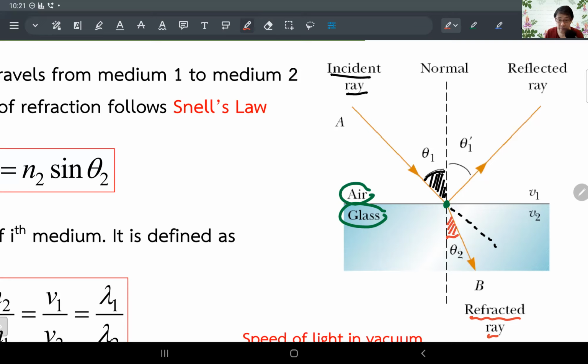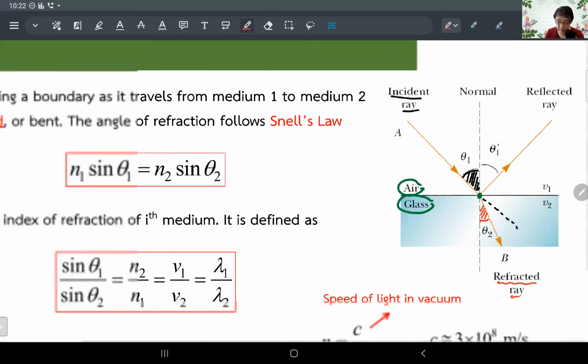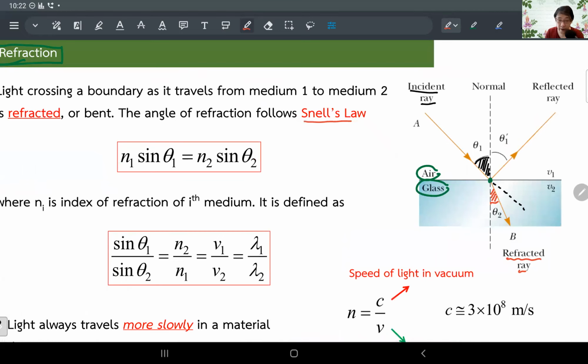Okay, cool. So there is a relationship between theta 1 and theta 2, and that relationship follows Snell's law. Snell is the one who found out that this is the relationship between the angles, and here we go. There is a parameter that we need to define.